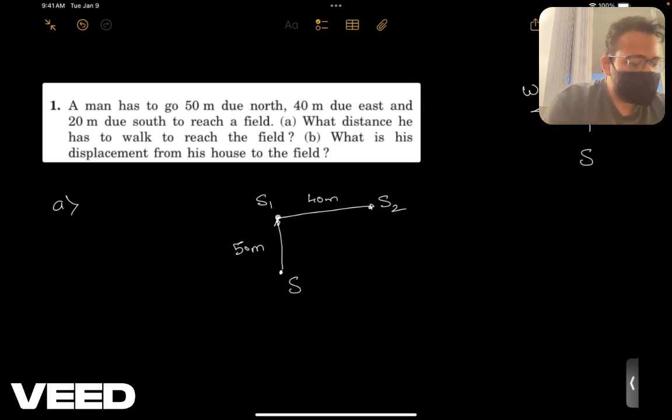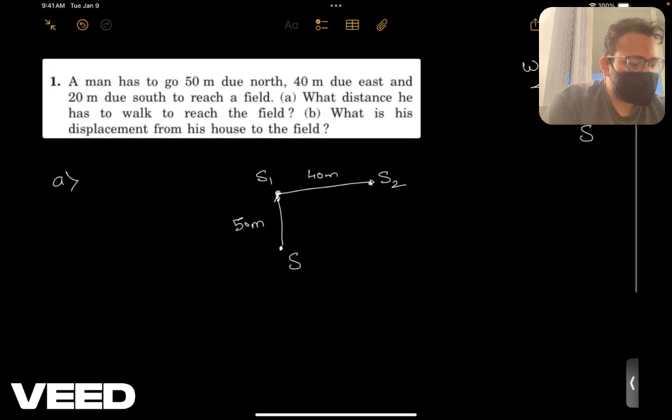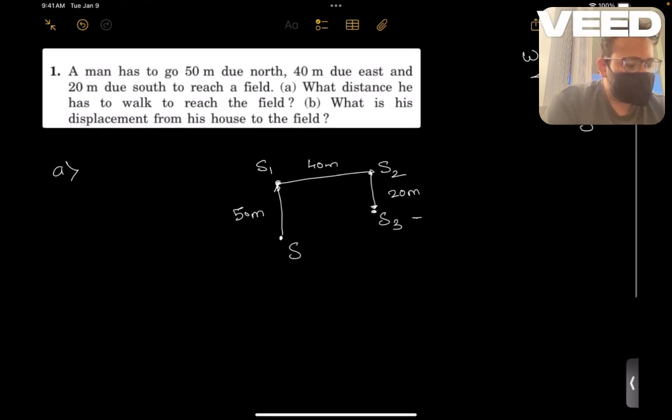And now I go 20 meters south. So yeah, this is not to scale, but approximately this is my stop 3 and this is my destination. This is where I reach after doing this maneuver.